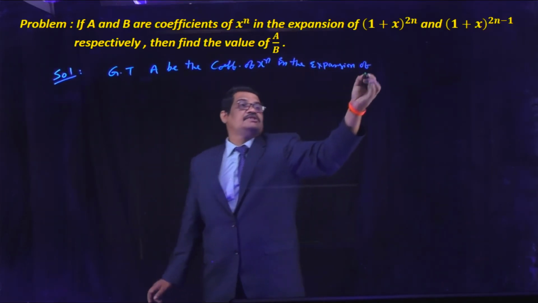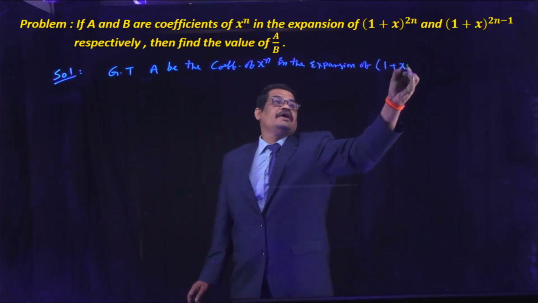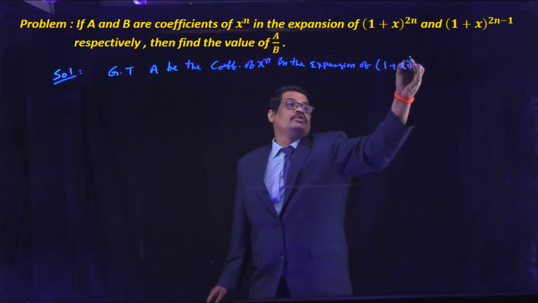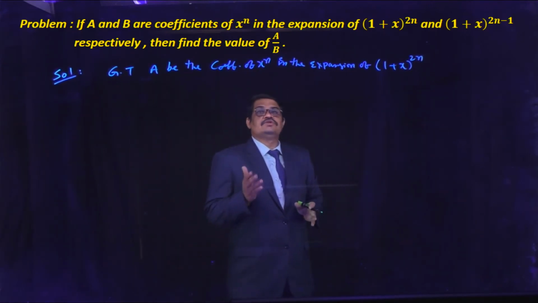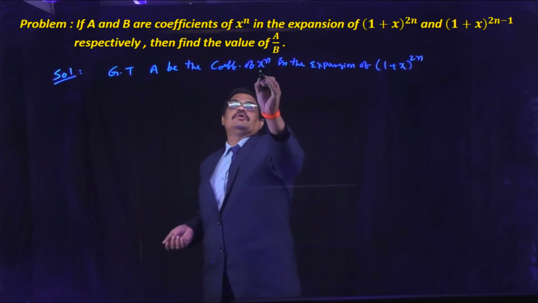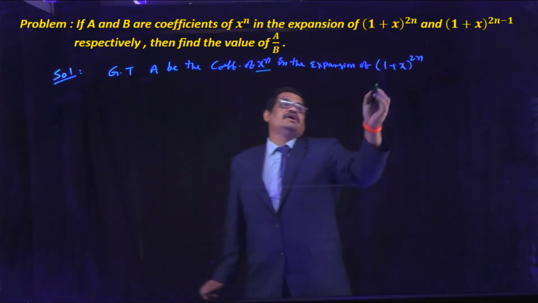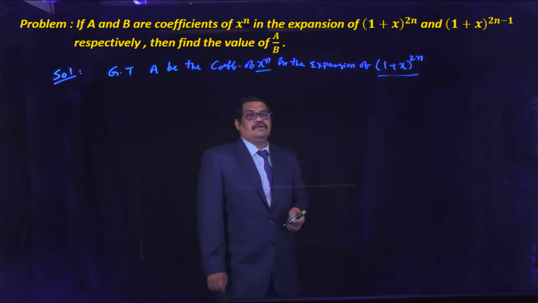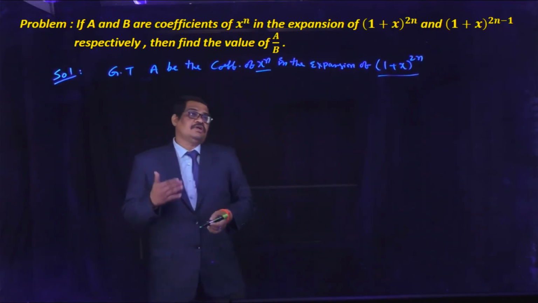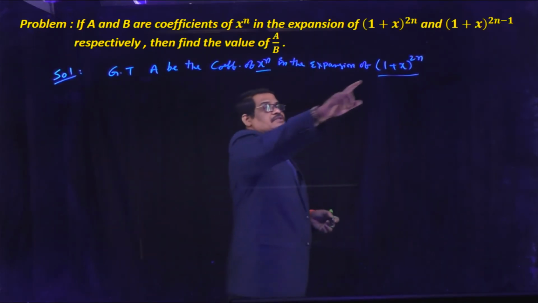What is the expression here? (1 plus x) to the power 2n. So A be the coefficient of x to the power of n in this expansion (1 plus x) to the power 2n. That is given, we are writing the coefficient of x to the power of n in this expansion.